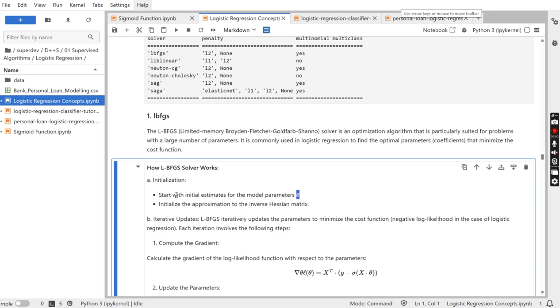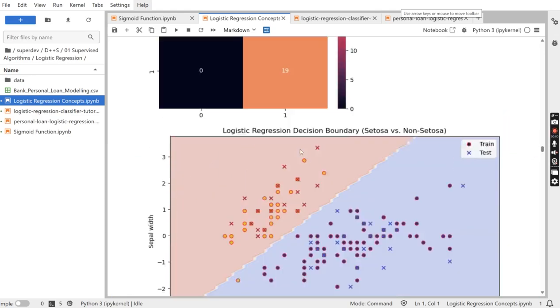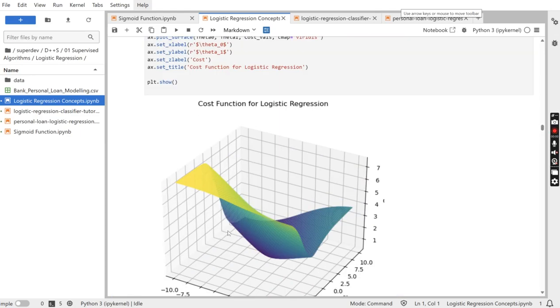Initially, how it works is you start with initial estimates of the model, and then you approximate by using the inverse Hessian matrix. First you don't know what the m value is, so you randomly initialize it. Let's say you don't know the m values. The m values could be any point on this graph, it could be here, here, or here.